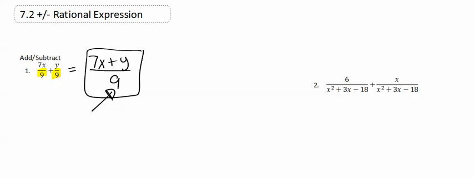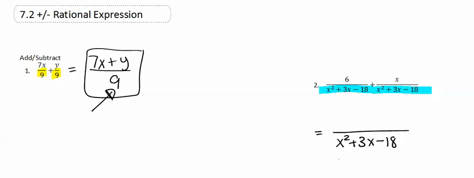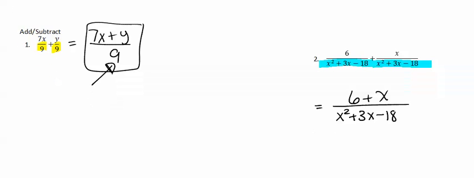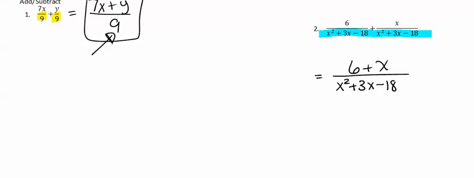Now, in number 2, it's very similar, except this time you'll notice that we have variables in the denominator. Nothing changes with that. We'll still use the common denominator since this is the same. It just becomes your denominator, and you go ahead and you add the numerators up there. One thing that will change is once you do add that, you want to see if again it will factor or reduce.